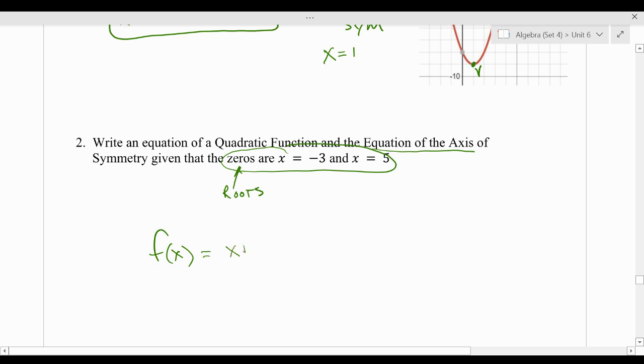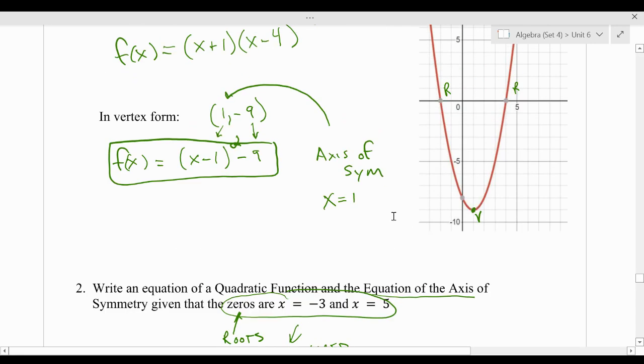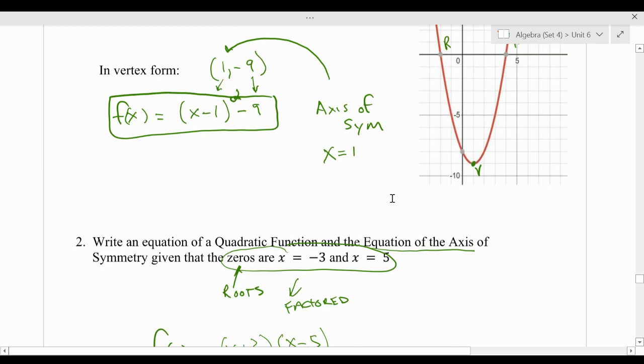So it's going to be x plus 3 times x minus 5. And this is how to do factored form. So in other words, when they give you the zeros or the roots, you use factored form. When they give you the vertex, big surprise, you're going to use vertex form.